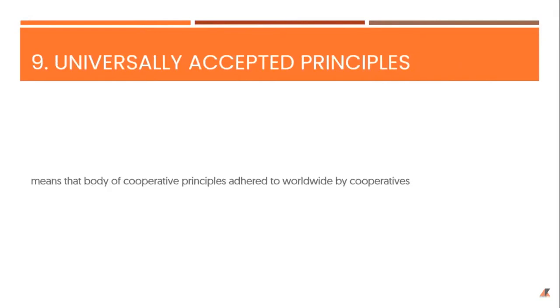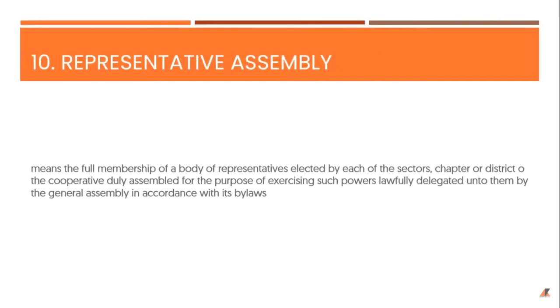Next, number 9, which is na-discuss na natin kanina, yung mga different types or different principles na ito. We have the universally accepted principles. Means that body of cooperative principles adhered to worldwide by cooperatives. So, hindi lang po sa Philippines ito sinusundan, kundi pati sa buong mundo. Okay? Next, number 10, we have what we call a representative assembly.